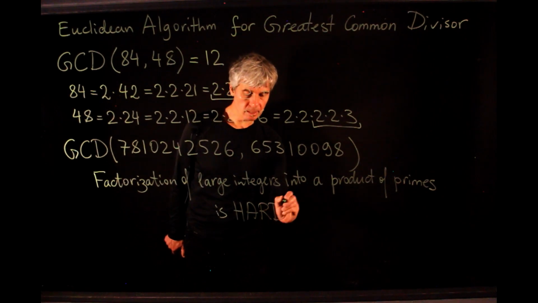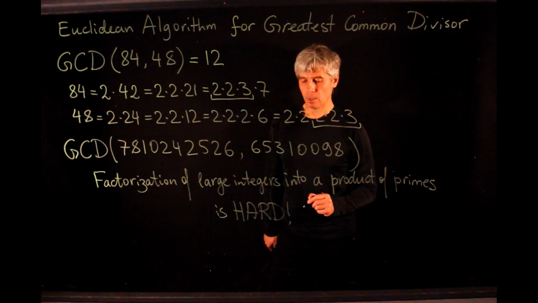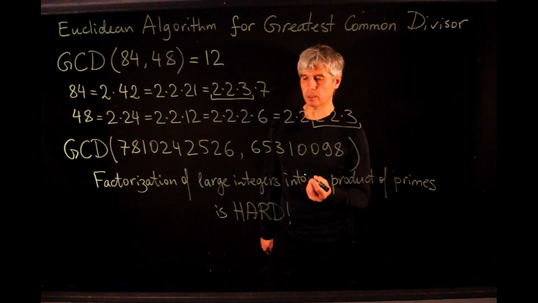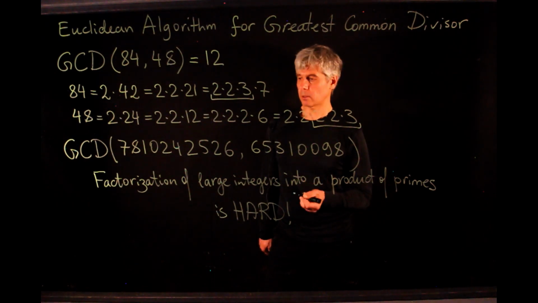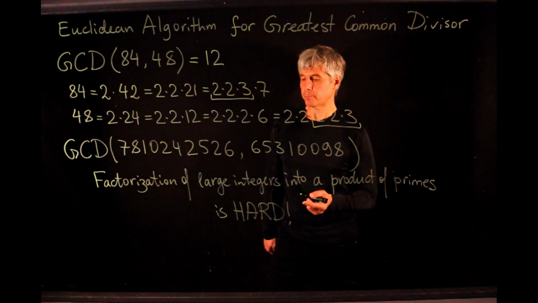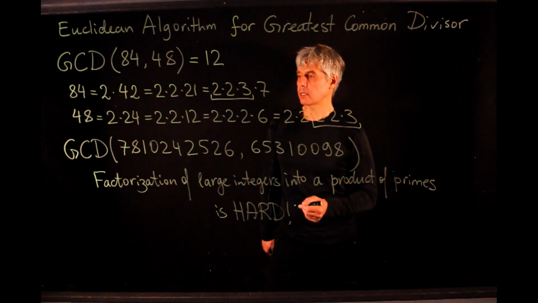So this is a difficult problem, and in fact it's the basis for the RSA cryptosystem. This means that you can build encryption of data using factorizations of large numbers into primes, and the fact that even with computers it is really difficult to factor integers into primes.